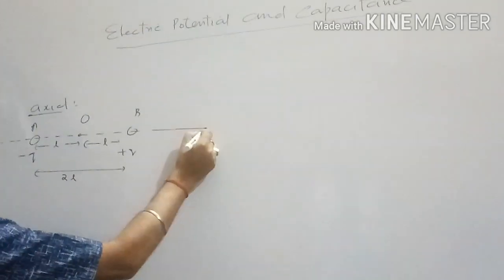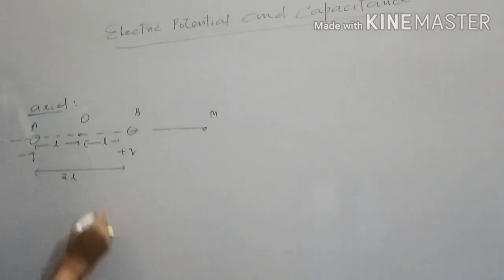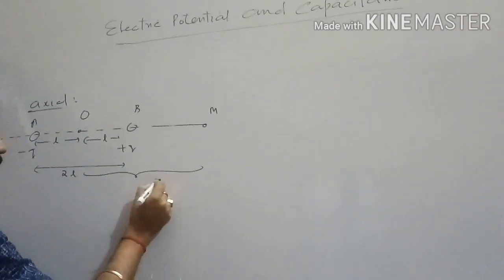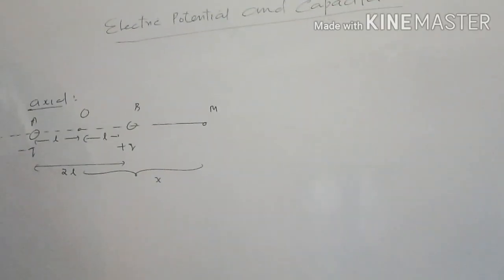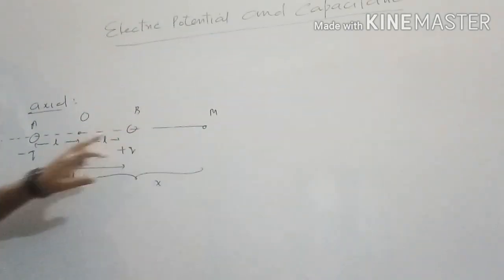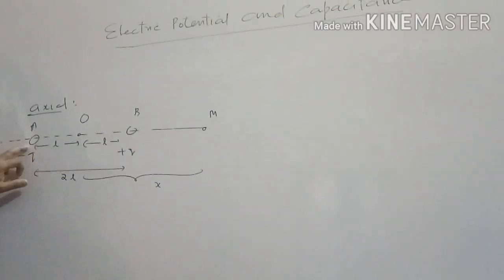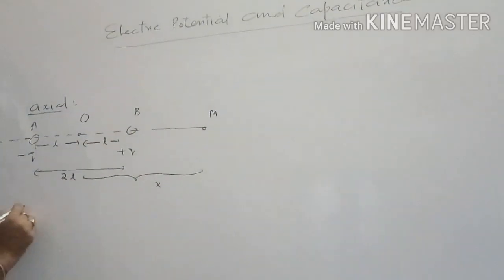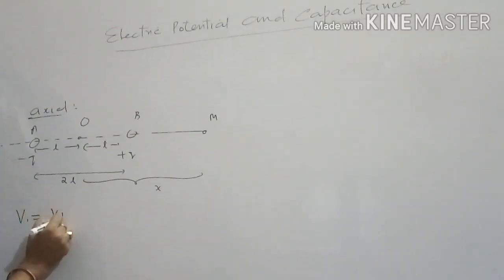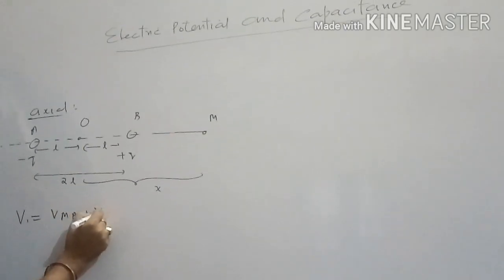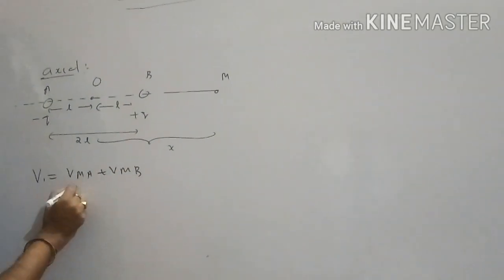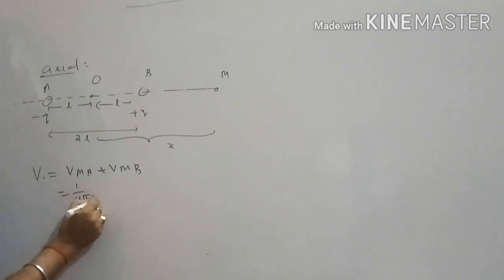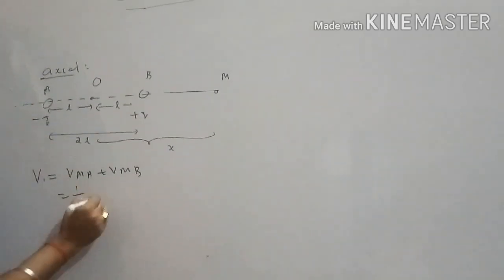and we have a point M here whose distance from the center of the dipole is x, where we want to know the potential. Here one potential will be developed by this isolated point charge body, and one potential by the other. So the total potential there will be the potential at M due to A plus the potential at M due to B. Potential at M due to A is 1/4 pi epsilon naught times the charge at A, which has a minus sign.